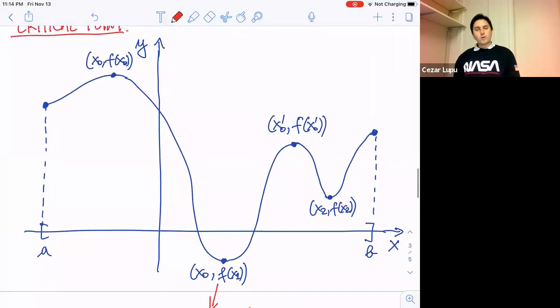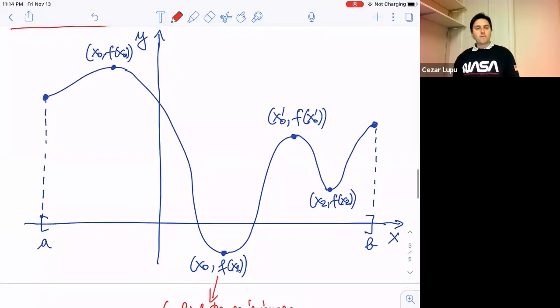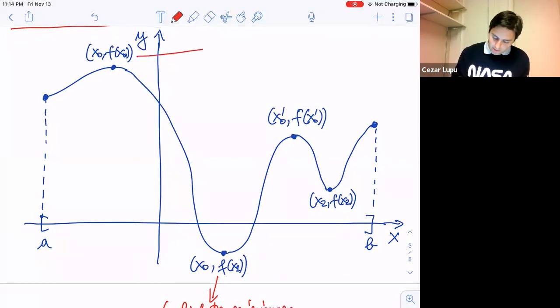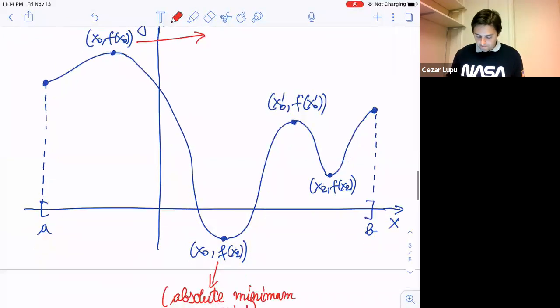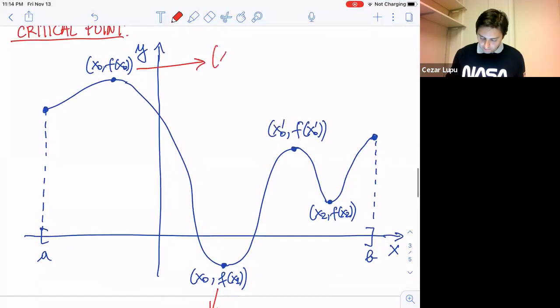Right? And the highest point on the graph of the function is this guy, so this guy here is the absolute maximum point.